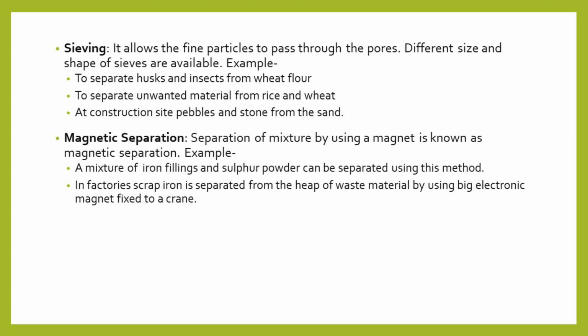So this method is used to separate the components of a mixture which are of different sizes. For example, undesirable materials are separated from the grain by using a sieve. The fine particles pass through the sieve while the bigger ones remain on the sieve.